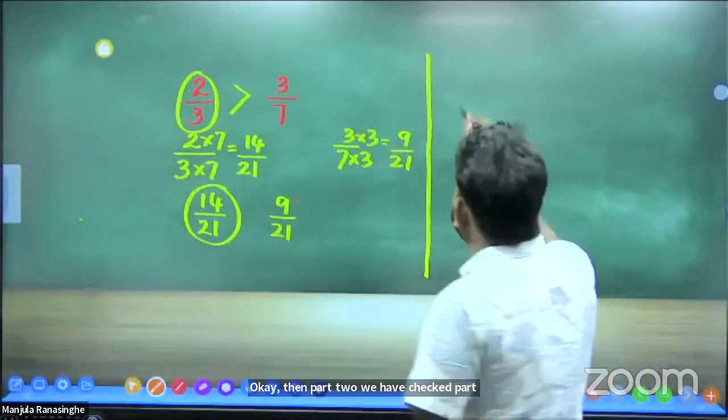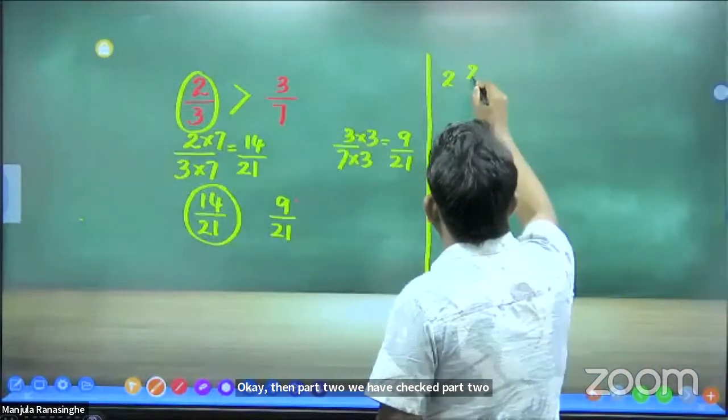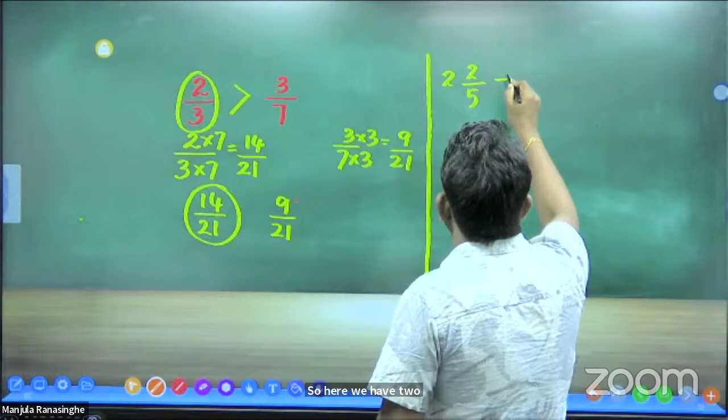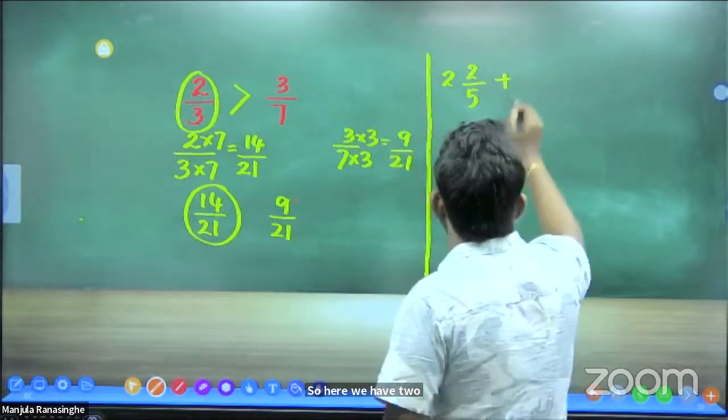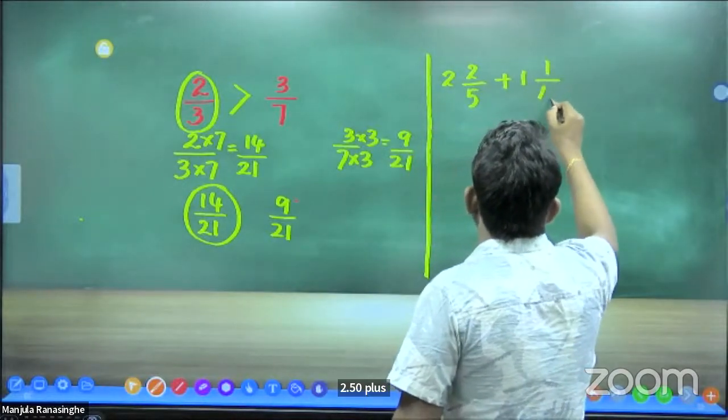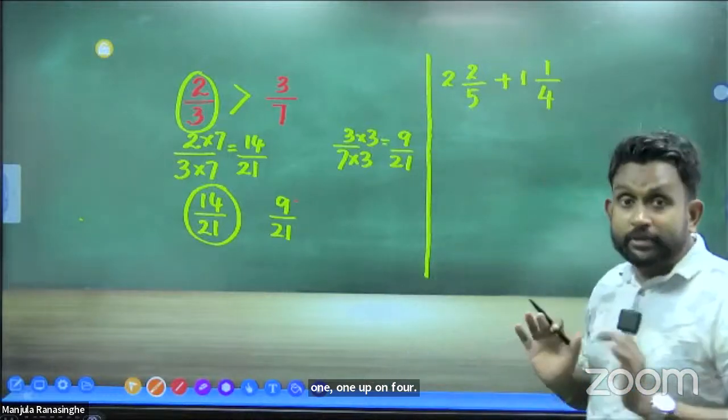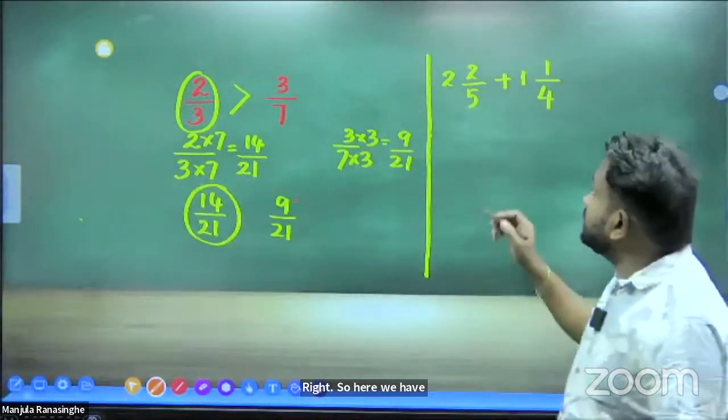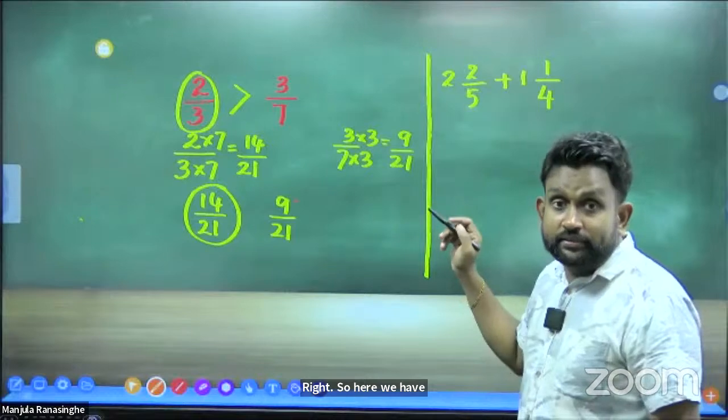So here we have 2 upon 5 plus 1 upon 4, right? So here we have several methods. What I do, I add the whole parts first.